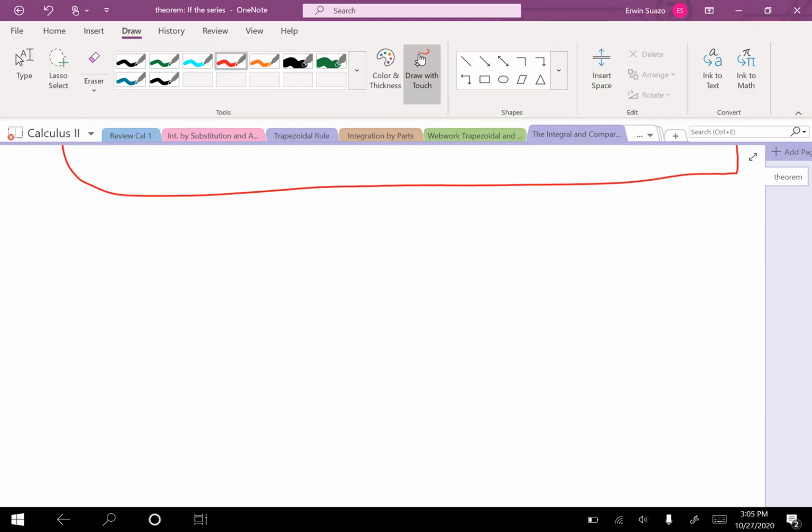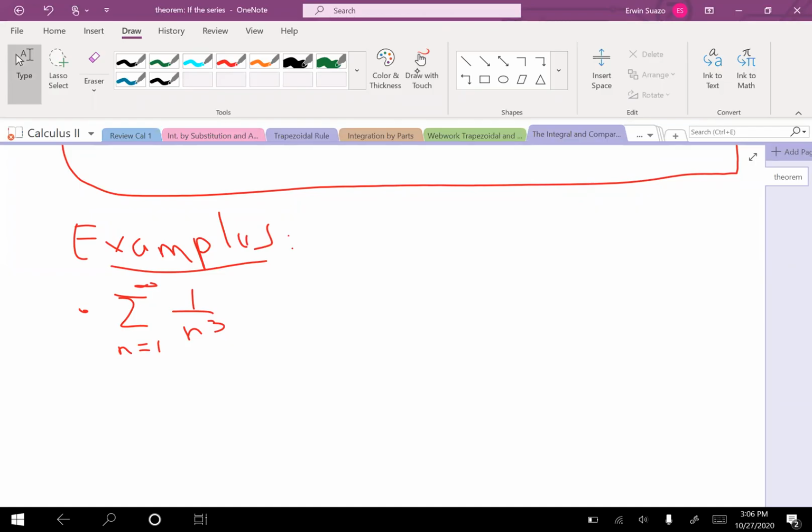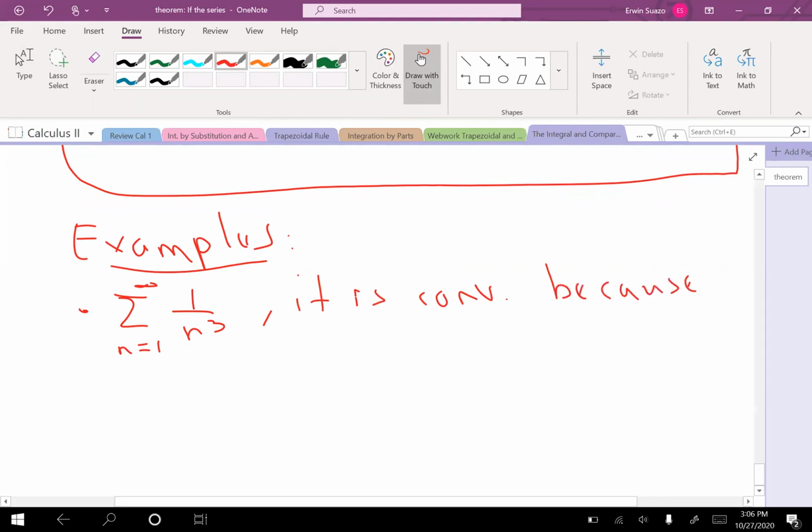So for example, the sum of 1 over n cubed, n from 1 to infinity. Is this convergent or divergent? Convergent. Why? Because the P is like the exponent, so it is greater than 1.